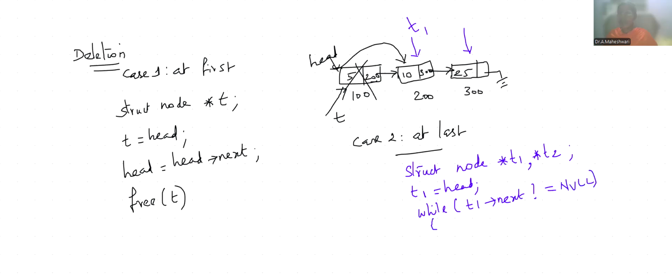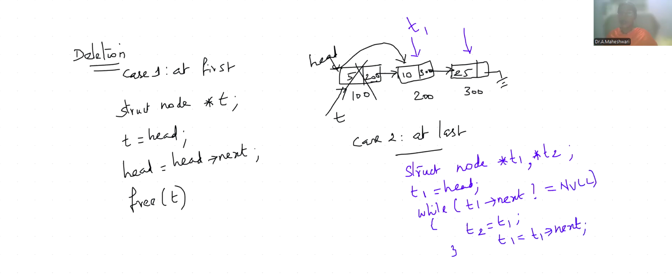If it is pointed at the last, then your T2 pointer should point at the last previous. Why? Because, as I already told, we have to make changes at this position. So for that, I'm copying the T1 address to T2, and moving T1 pointer equal to T1 of next. That's it. You close your while loop.